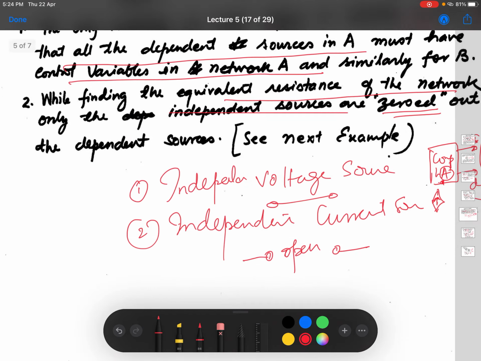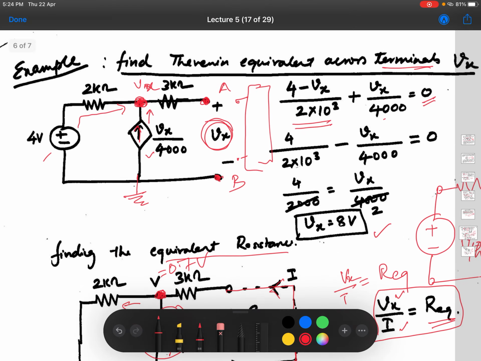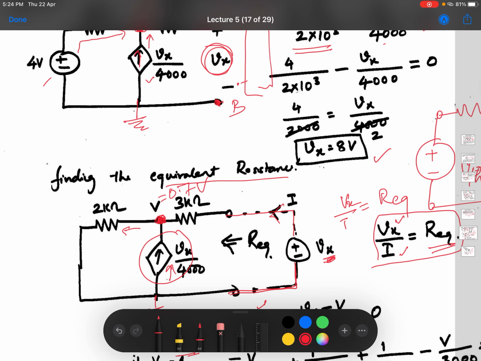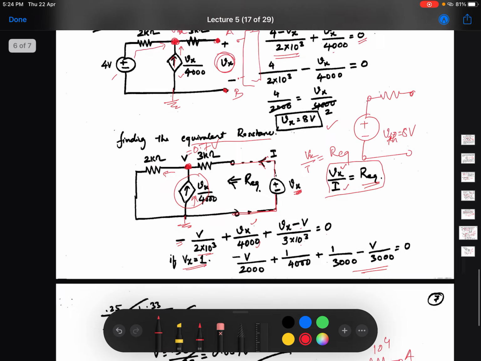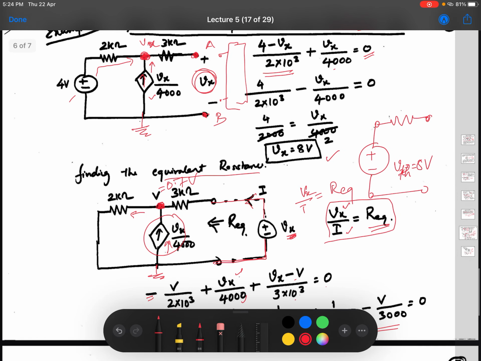The issue is you have to find R equivalent and VTH in a network, and for finding R equivalent you have to remove all the independent sources, current and voltage both, not the dependent sources. Dependent sources have to be kept intact.